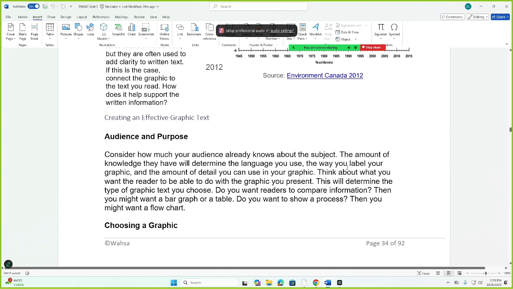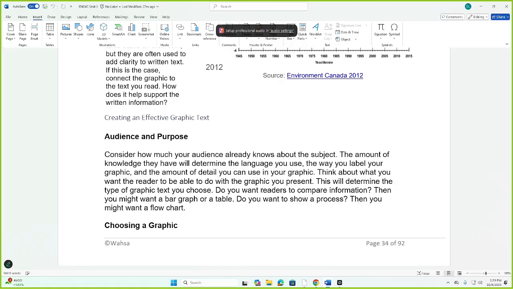So, creating an effective graphic text. Audience and purpose. Consider how much your audience already knows about the subject. The amount of knowledge they have will determine the language you use, the way you label your graphic and the amount of detail you can use in your graphic.